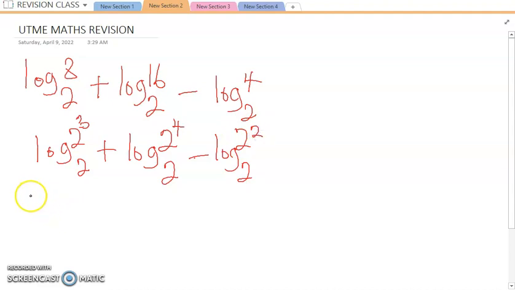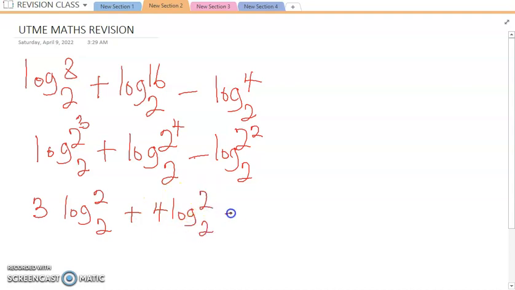So what do we have? We have 3 log base 2 of 2 plus 4 log base 2 of 2 minus 2 log base 2 of 2.